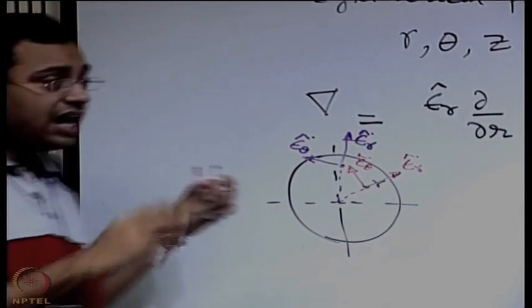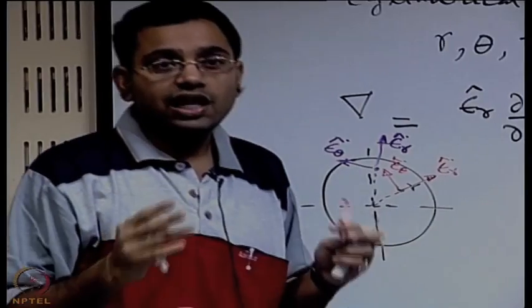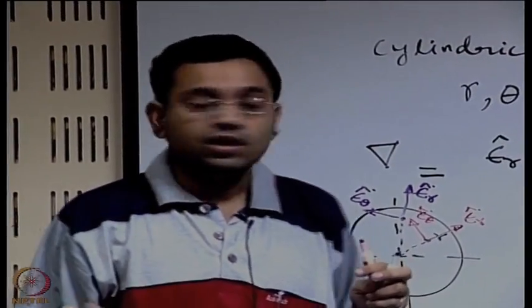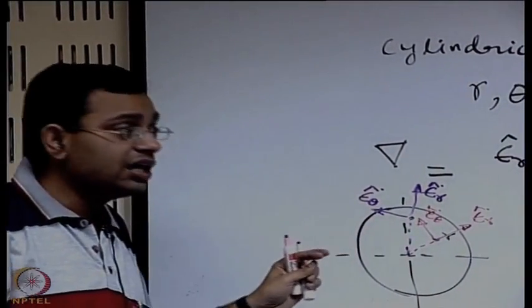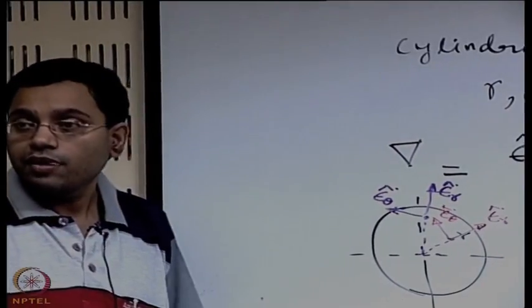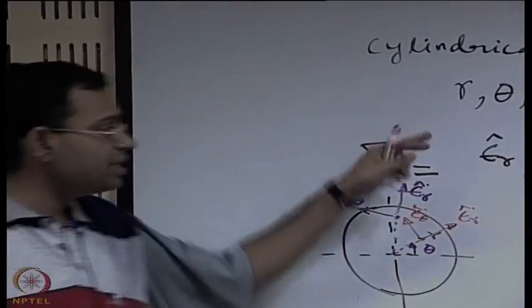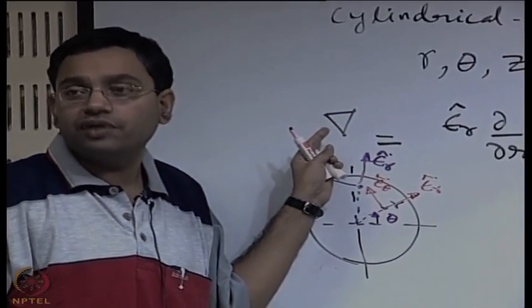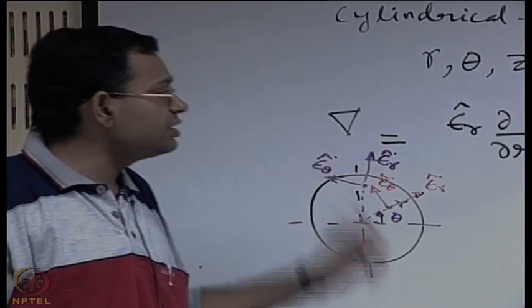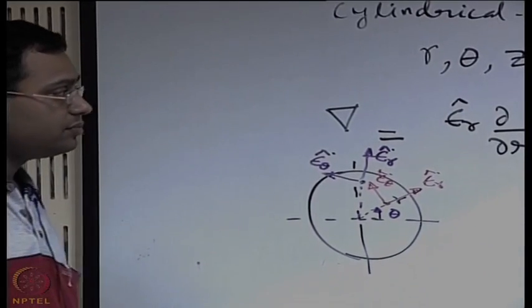So i and j are invariant, but epsilon r and epsilon theta actually vary with theta, where theta is the angular coordinate. So when you differentiate, this del operator is basically for differentiation, and you have to keep one thing in mind. What do you have to keep in mind?